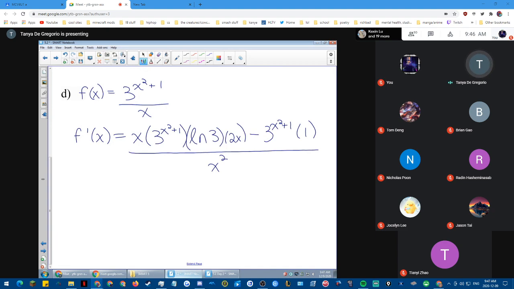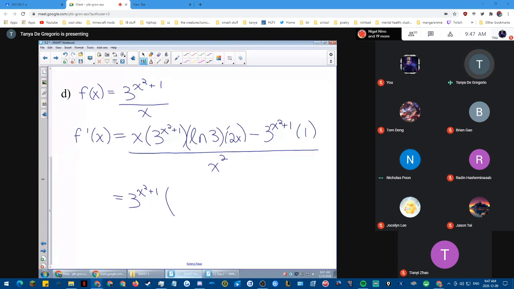Okay, what are we going to do now, guys, to clean this up? Take a look. Do we have a GCF? I think we can factor the... What do you want to take out? 3 to the power of x squared plus 1. Beautiful. And then what are we left with? X ln 3, and then times 2x.